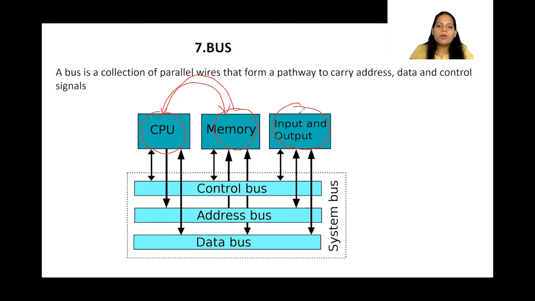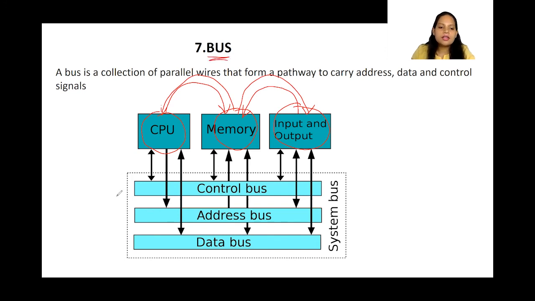For input and output operations, certain input we want to give, we send it to the memory, and certain output we want to display, we take it from the memory. So this communication between the CPU, memory, and input and output devices keeps happening. How does it happen? It happens through our bus.